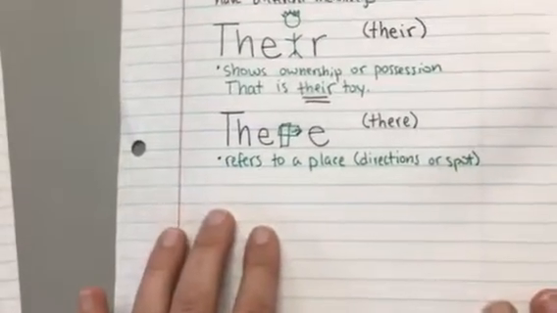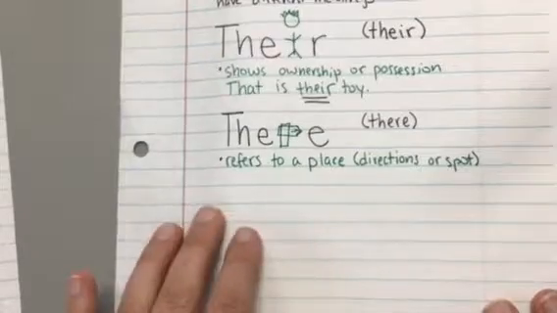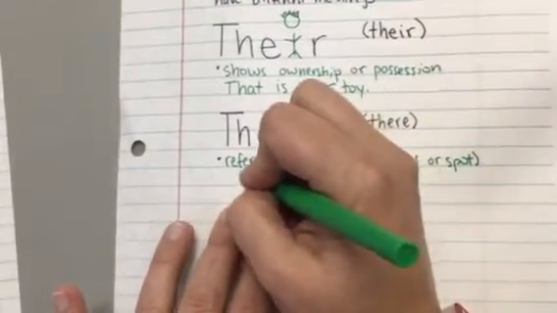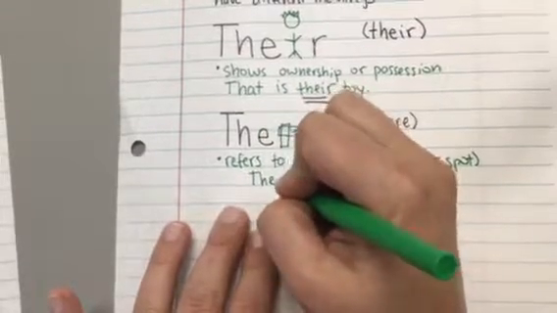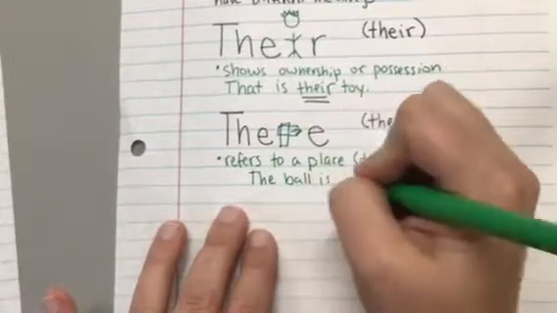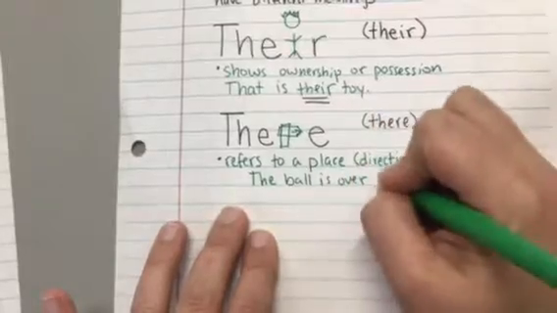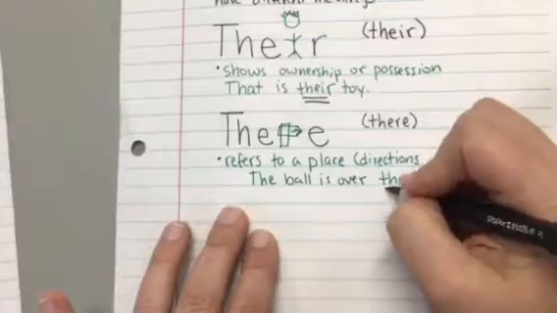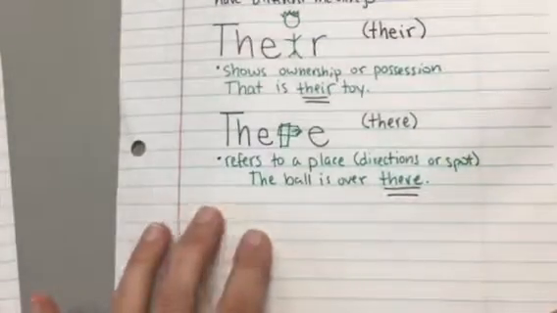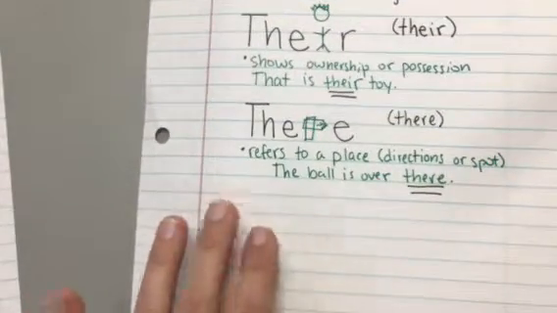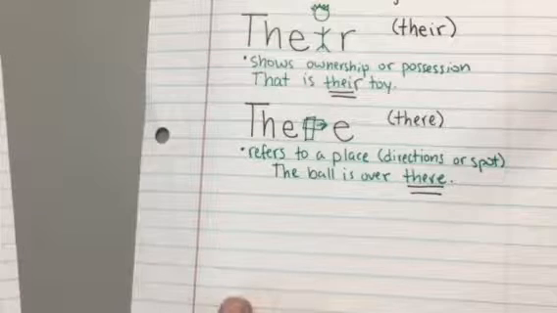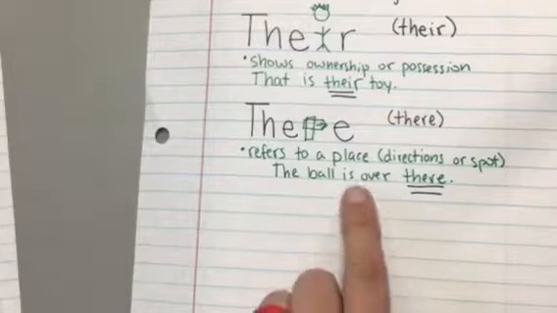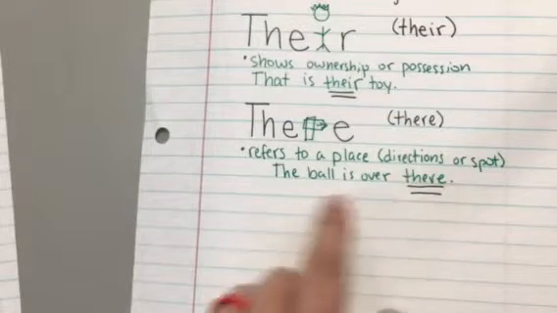And the sentence that we have to go with that is, the ball is over there. A direction. It's been put in some type of direction. Pointing in a direction, saying over there, or referring to a particular place. It is there. That is the place that it is, referring to a place, directions or spot.